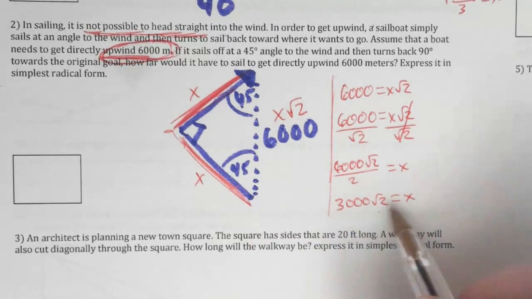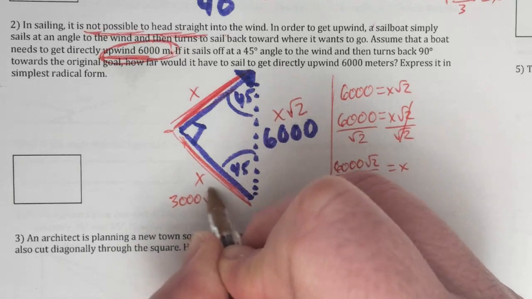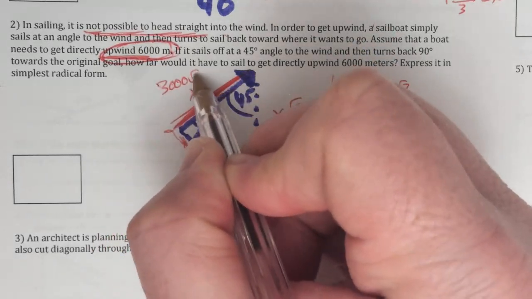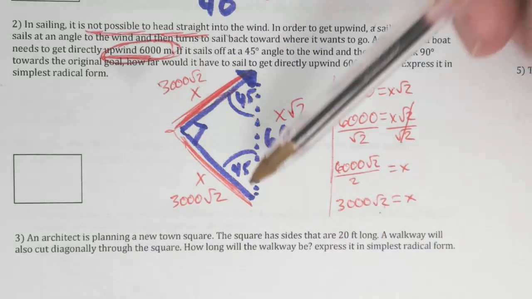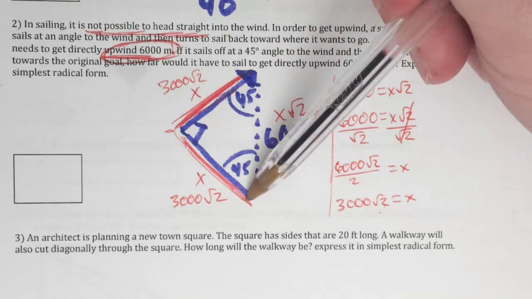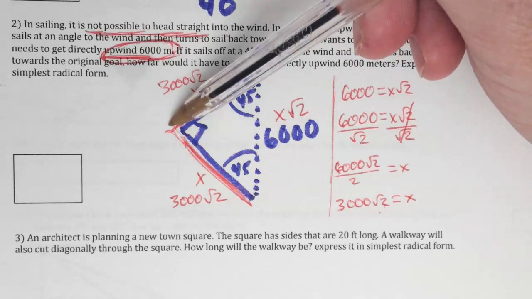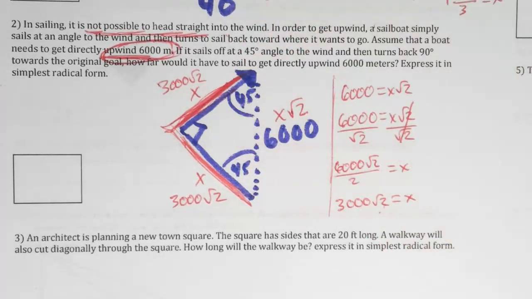All right, plug in. We're going to take this and plug it back in. So that's 3,000 radical 2, and over here is 3,000 radical 2. Now always answer their question. These tricky buggers did not just want x. They wanted this entire distance. So it's this and this. They wanted all of this.